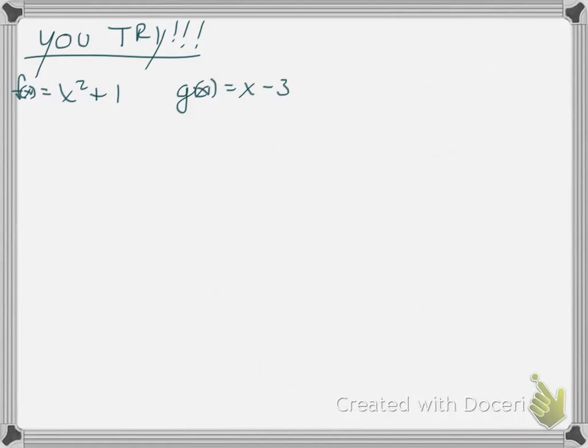I'm going to use these functions for the U-try problems. Go ahead and try to find f of x times g of x, f minus g of x, and f divided by g of x.